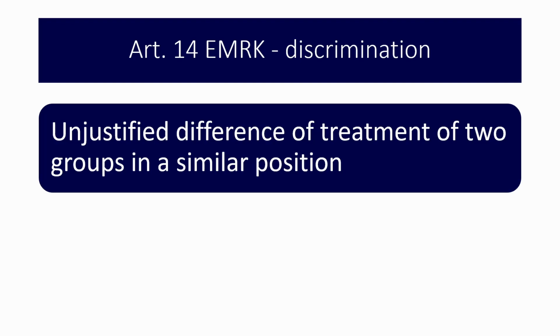Rather, discrimination is only prohibited in regard to the enjoyment of another right guaranteed by the ECHR. Consequently, Article 14 ECHR is only applicable in connection with another article of the ECHR. A general prohibition of discrimination is contained in Additional Protocol number 12 to the ECHR. However, only a few states have ratified that protocol.